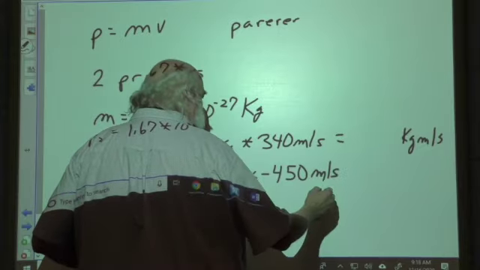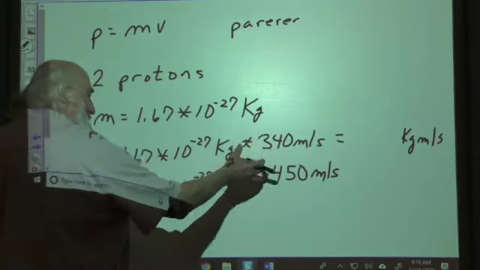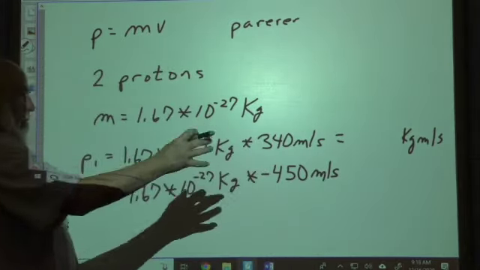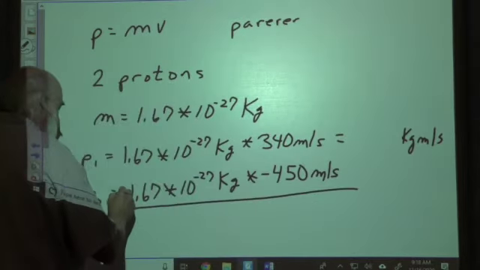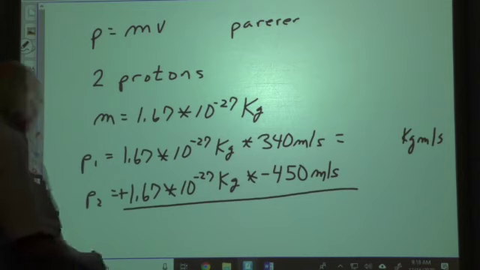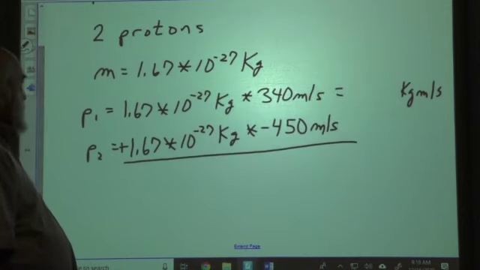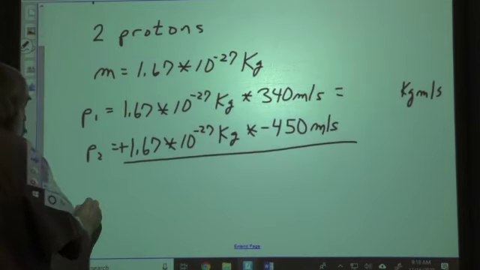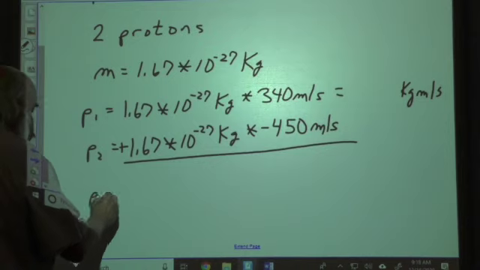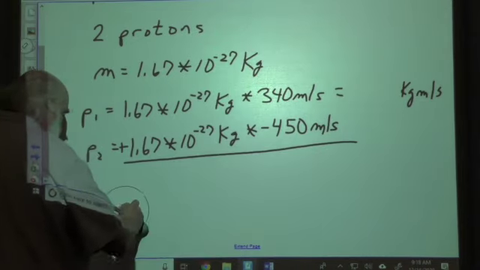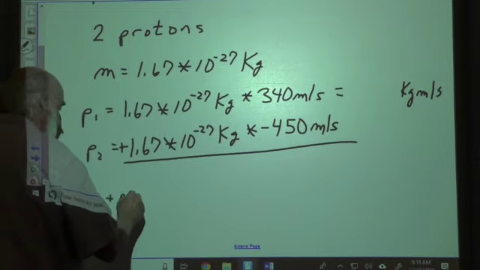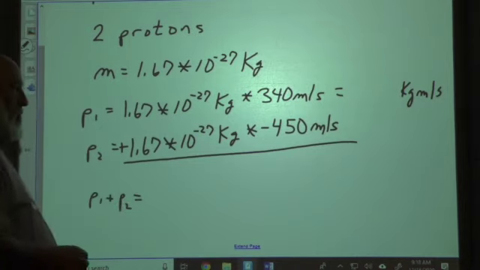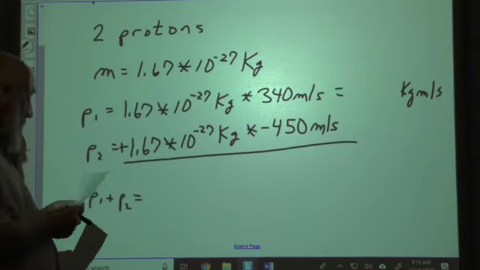So instead of multiplying these out separately and adding them together, I'm just going to put this all together in one addition problem. So I'm going to say P1 plus P2 is going to equal whatever answer I get on my calculator for this.